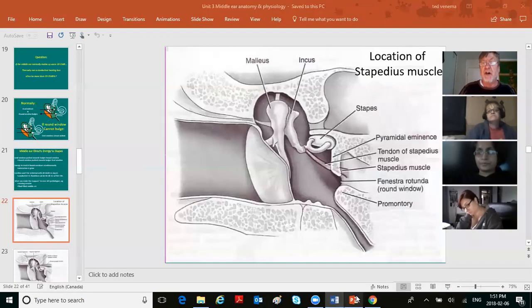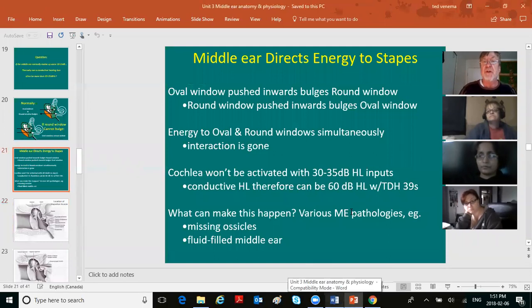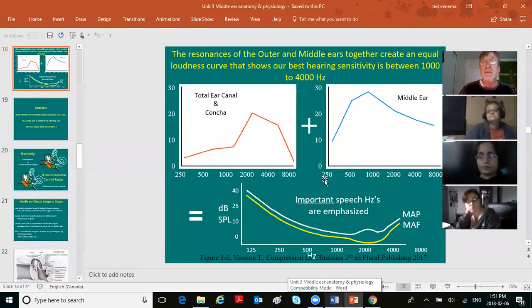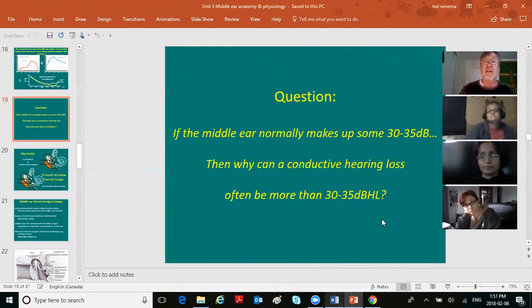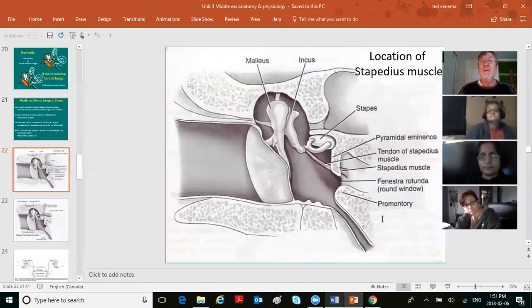And that's what you saw when I showed you these pictures here. Outer ear adds this, middle ear adds this, and this plus this gives you these curves. Okay, very good.